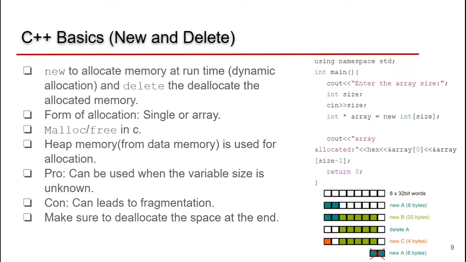Again, you allocated 4 bytes, so you allocate only 1 word because 4 multiplied by 8 is 32, and this is 1 word. So currently, your memory has 2 slots or 2 words empty. Okay. Now you want to allocate 8 bytes or 2 words.